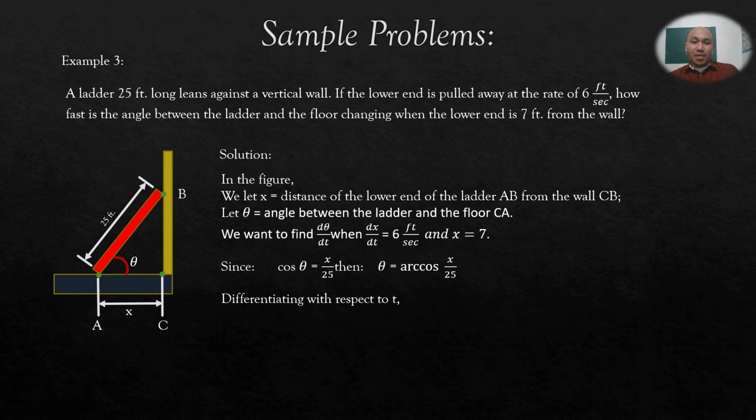So differentiating with respect to time, d over dx of arc cosine u equals negative 1 over the square root of 1 minus u squared, times du over dx. So we use the formula for arc cosine form.